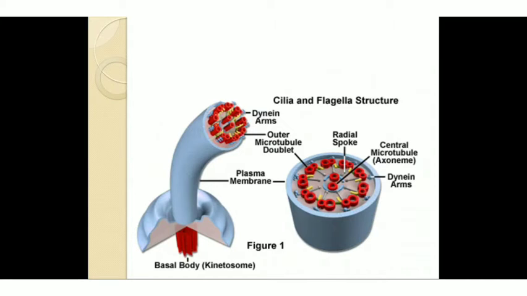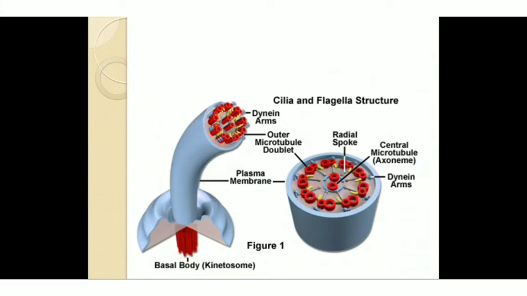So each cilium is a unit membrane, which is called the ciliary membrane. In this picture we can see the section of a cilium.